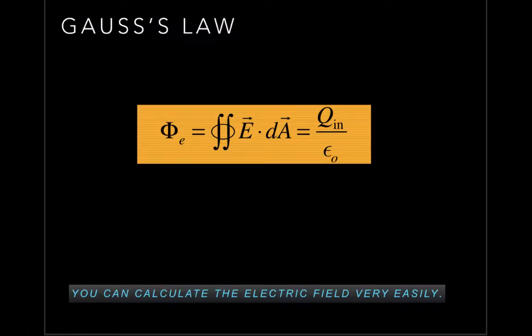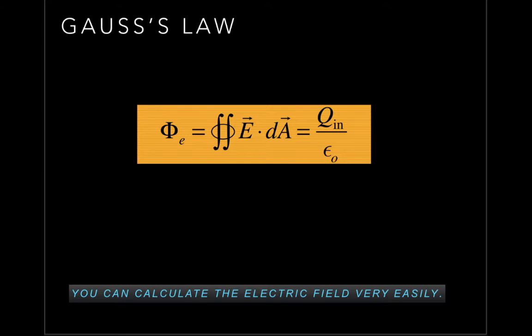Using Gauss's law, you can calculate the electric field much more easily than when you integrate Coulomb's law. It looks like a much scarier integral, but the key is to set the problem up in such a way that you never actually do an integral. You end up with the integral of dA, and then you just have to know the surface area of something.